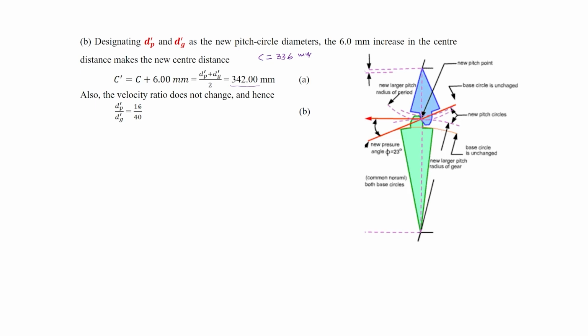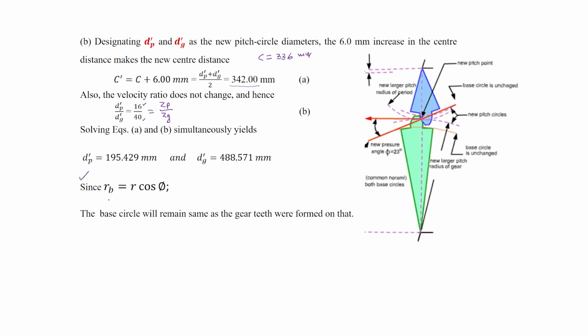The earlier velocity ratio was the number of teeth on the pinion, 16, to the number of teeth on the gear, 40, which will remain unchanged. And so the velocity ratio will remain as 16 divided by 40. Now solving A and B, we will get the new pitch circle diameter of the pinion and the new pitch circle diameter of the gear.